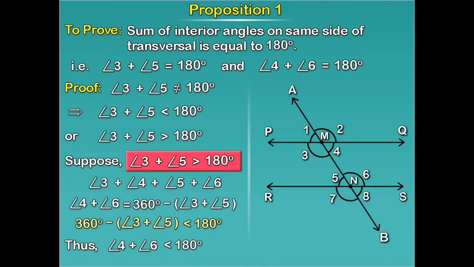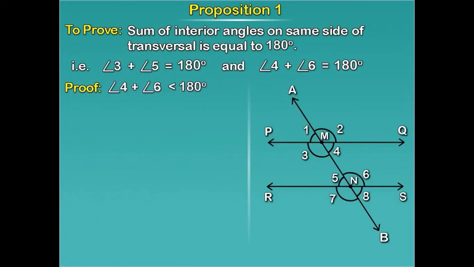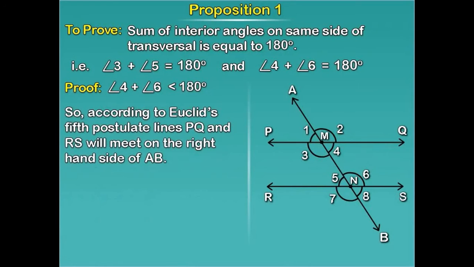Thus, angle 4 plus angle 6 is less than 180 degrees. Since angle 4 plus angle 6 is less than 180 degrees, according to Euclid's fifth postulate, the lines PQ and RS will meet on the right-hand side of AB.